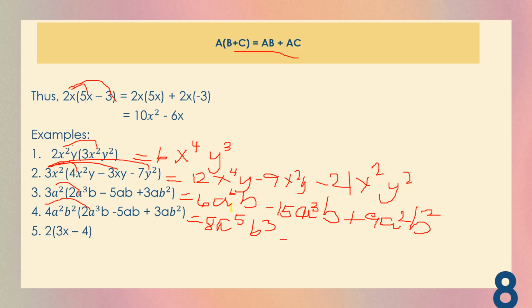Minus 4 times 5 is 20, a cubed b cubed, plus 4 times 3, sorry, that's 12. 2 plus 1 for a, so we have a cubed. And then b squared, 2 plus 2 is 4.